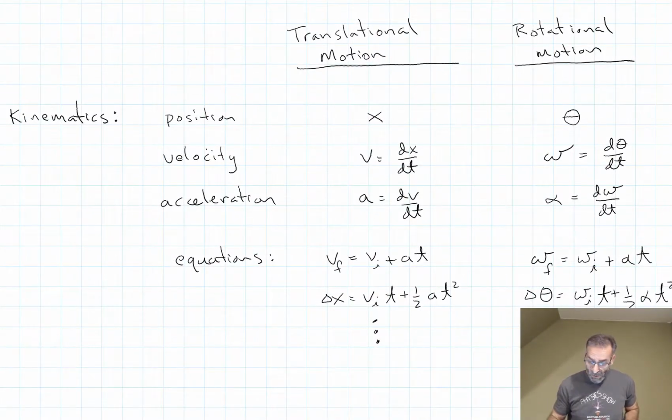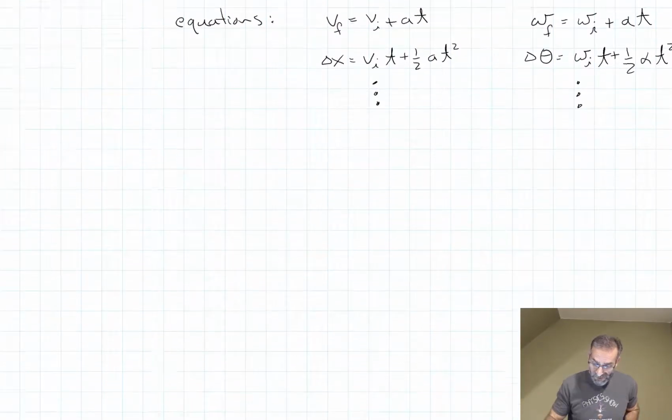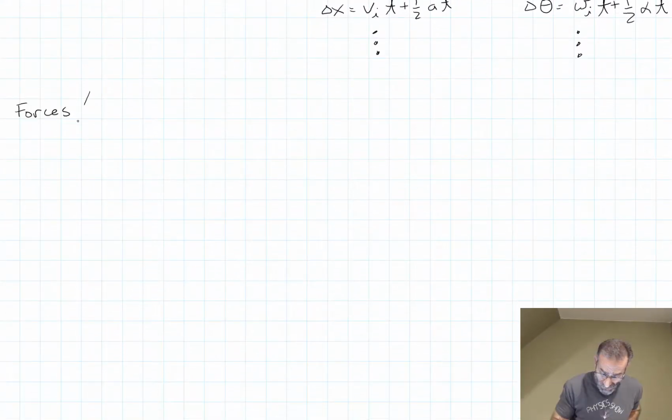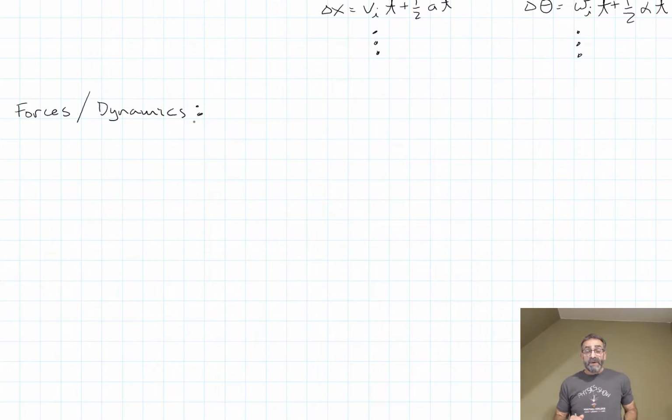Let's take a look at forces and dynamics. When we looked at forces and dynamics, we basically are looking at Newton's laws. Newton's first law is inertia. And how do we measure the inertia of something? The mass. That's our quantitative measurement of inertia. Well, we have a rotational counterpart to inertia.